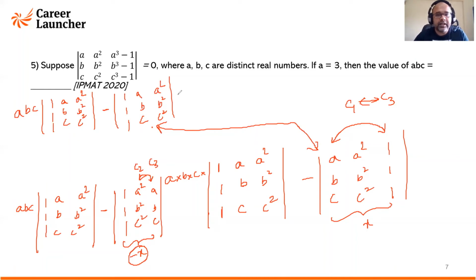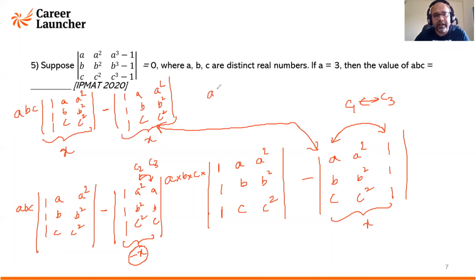Because you get the final determinant by interchanging two pairs of columns, one after the other, the negative effect gets cancelled. Effectively, if this determinant has value x, then this determinant will also have value x.